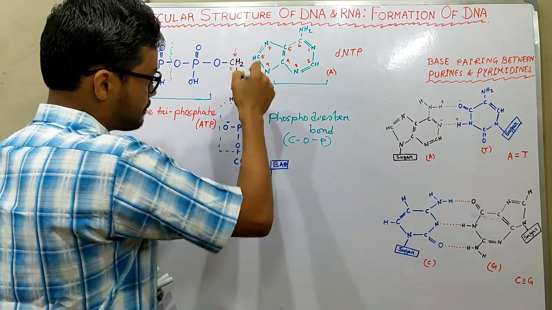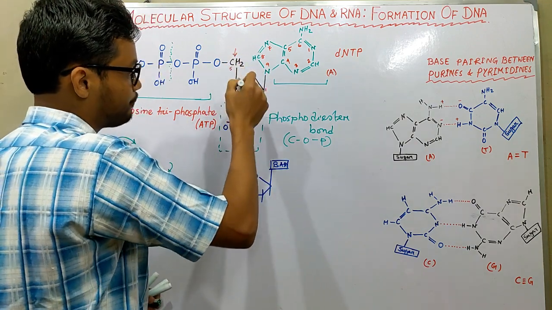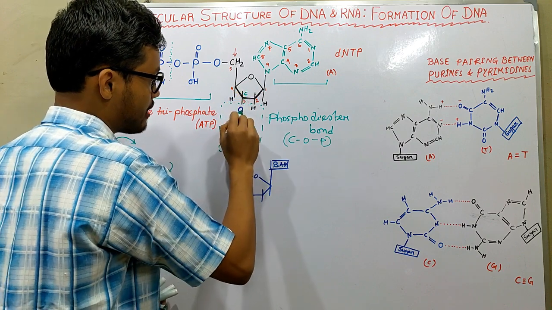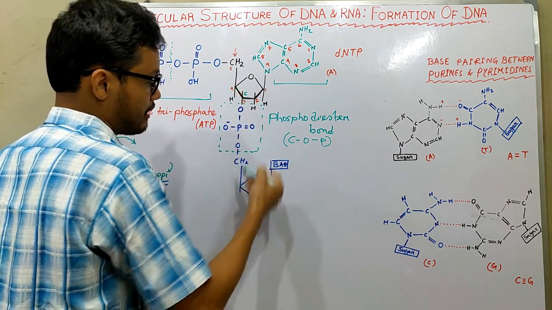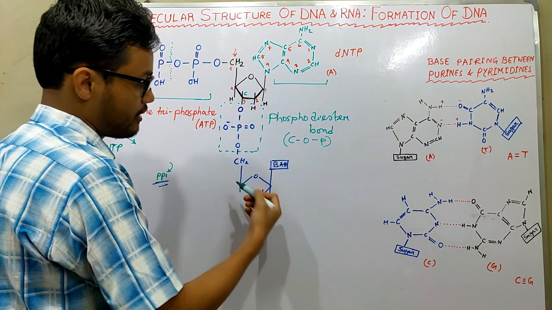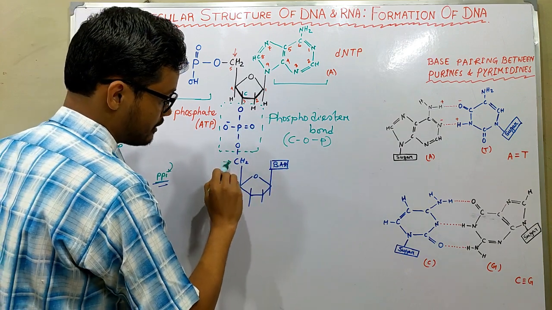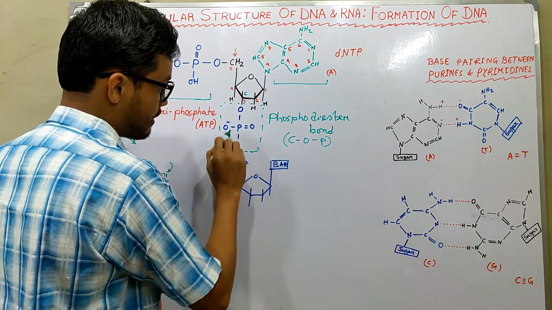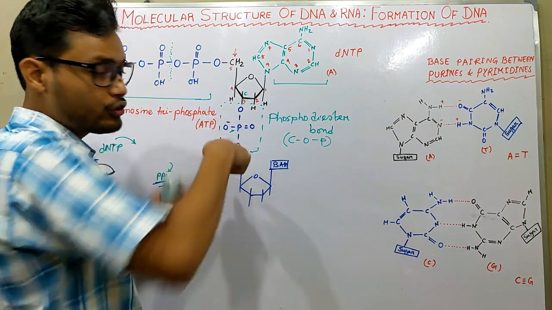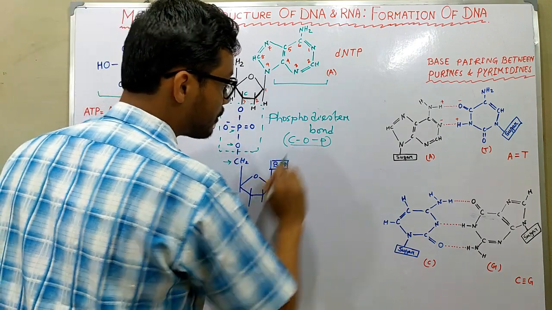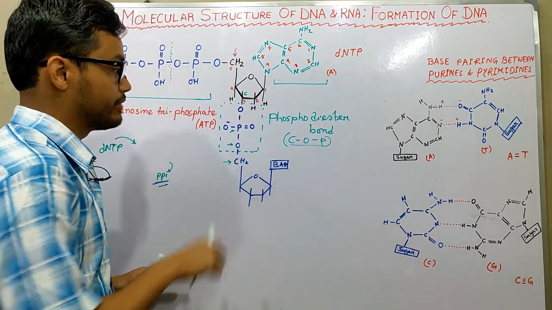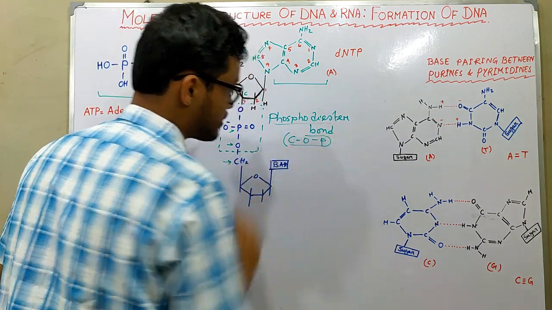If you observe from the 5 prime carbon, there is a C, oxygen and phosphate. If we go backward, here again carbon, oxygen and phosphate. So in both cases, a C-O-P bond is observed in the phosphodiester bond.